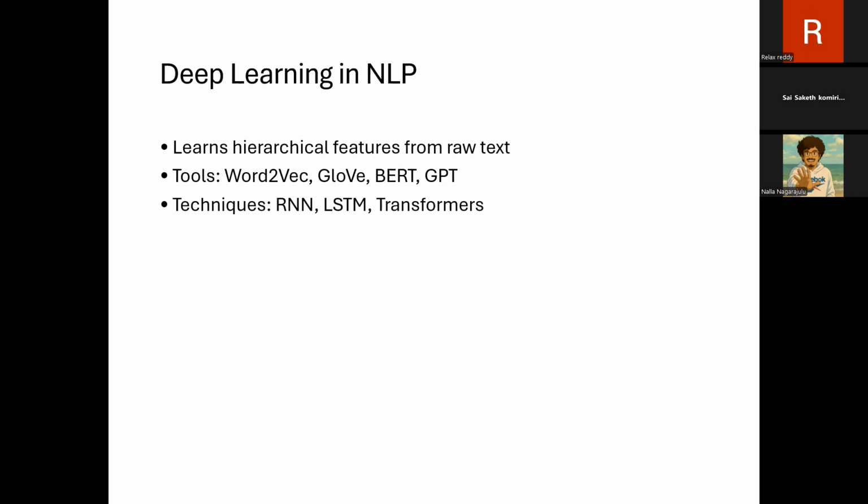They can understand the context between all the words in a sentence at once, not one at a time. That's why models like ChatGPT can generate long paragraphs and even hold conversations. Deep learning has taken NLP from rule-based systems to truly intelligent language models.